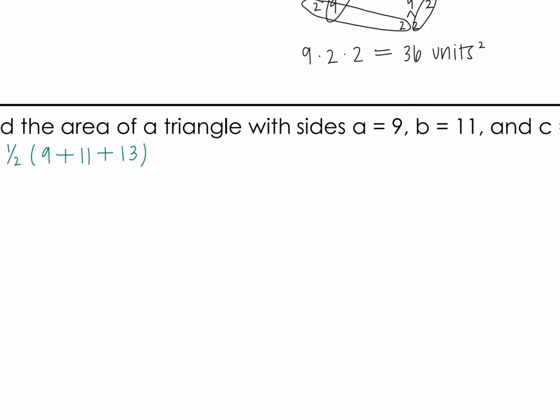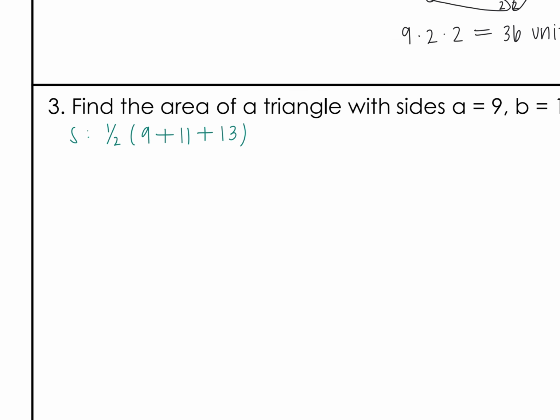Let me double check. Yes, okay. So here, when I have that 1/2, we've got 9 plus 11 gives me 20, plus 13 will give me 33. And I'm going to go ahead and leave this as a fraction, 33 over 2. And you'll see why when we work this out, why it's going to be better to leave it as a fraction rather than a decimal.